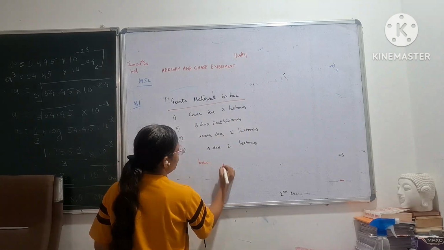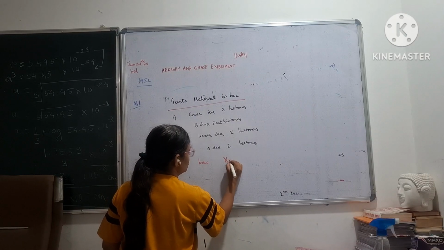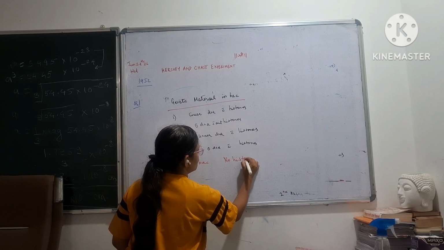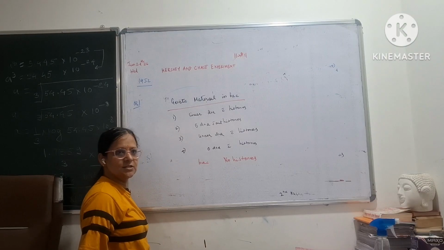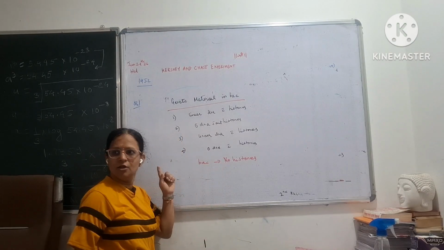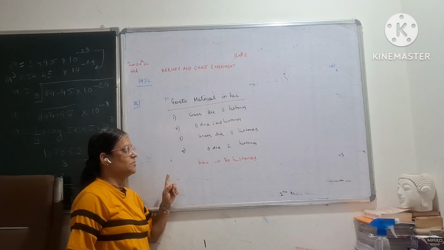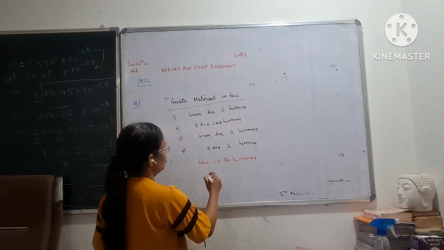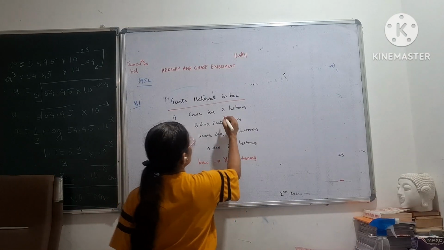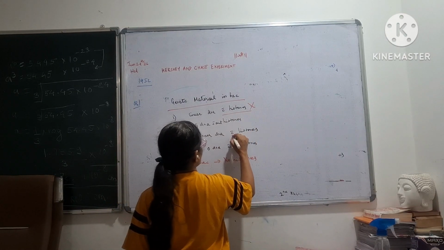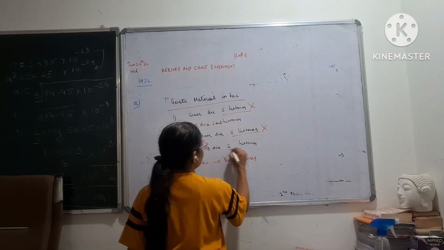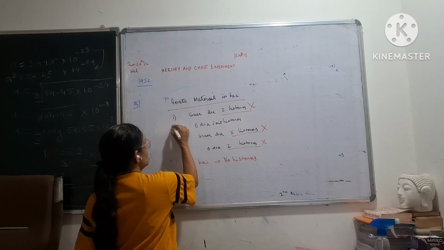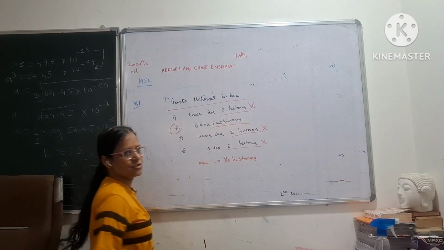Bacteria will not have histones, right? This you must understand. They have polyamines. So wherever there are histones, you will cancel that. What is remaining is without histones.